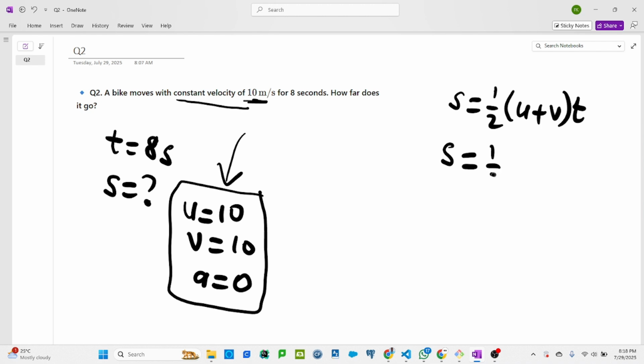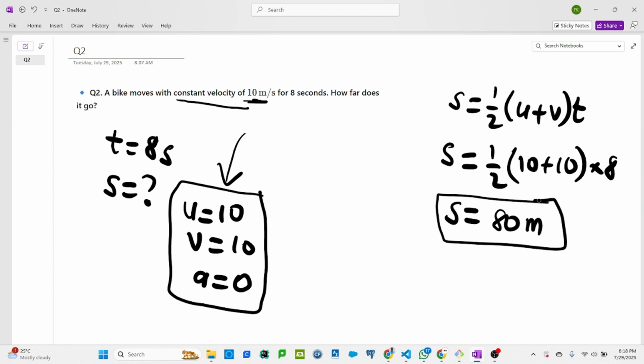So S is equal to half of 10 plus 10, multiplying t, which is 8, right? So we multiply this and we get 80 meters. You can put that in your calculator and see. I got 80 meters.